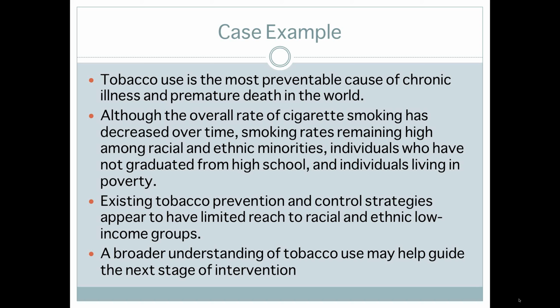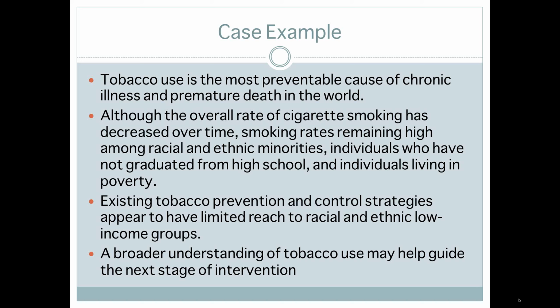So one of the conclusions that we can draw is that the existing strategies that we're using for tobacco prevention and tobacco control are not having the same impact and the same reach on racial and ethnic low-income groups. They seem to be having more impact on the population as a whole, but not on these subgroups. So here's where the social ecological model may help us.